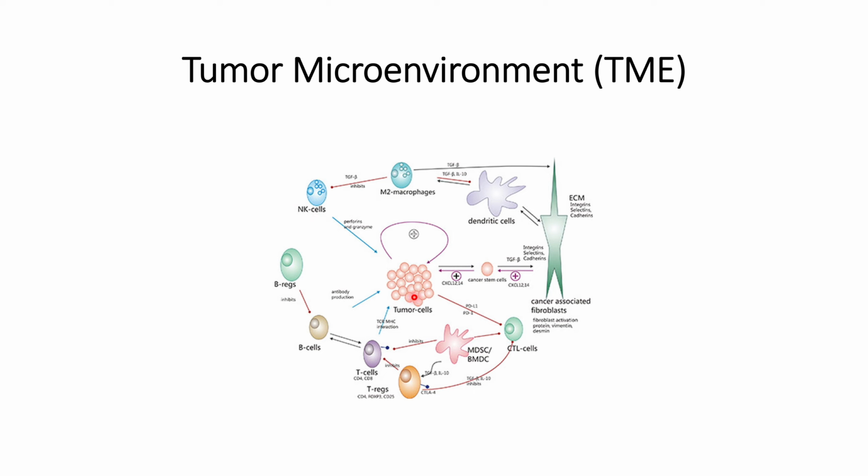The other way is through checkpoint inhibitors. The tumor cells have PDL1 and PD1 receptors, so they can interact with immune cells such as CTL cells and signal these CTL cells for deactivation through the PDL1 and PD1 receptor interaction.